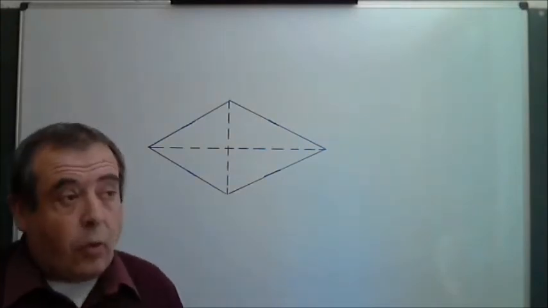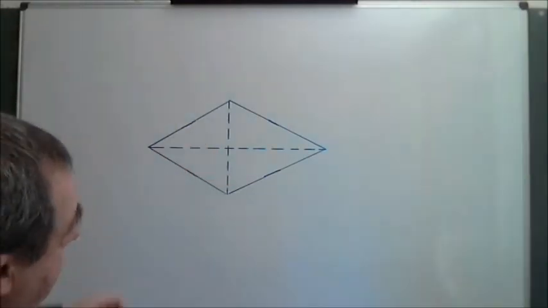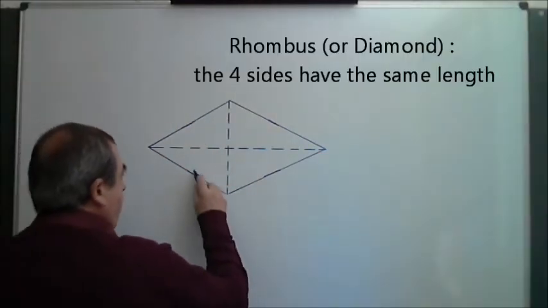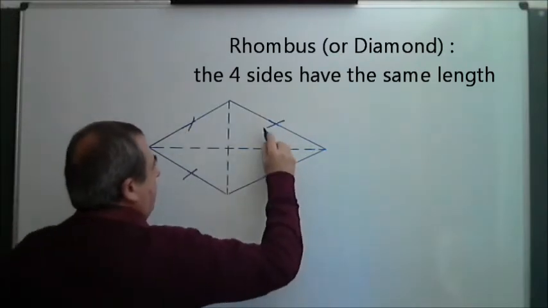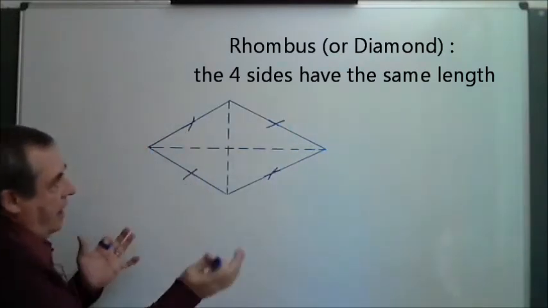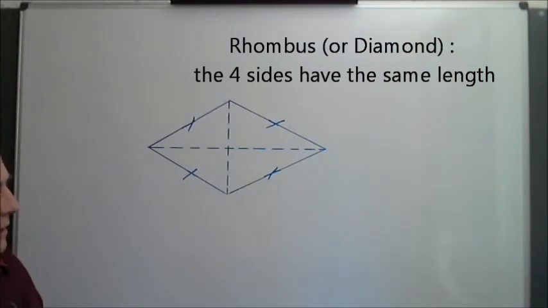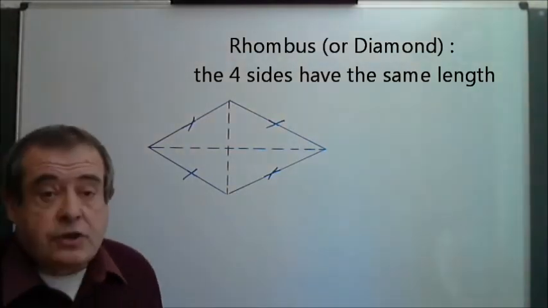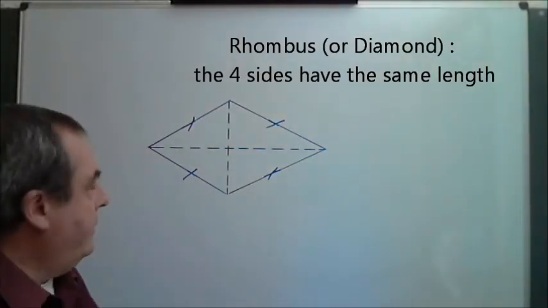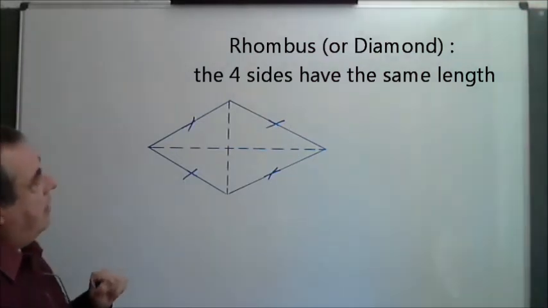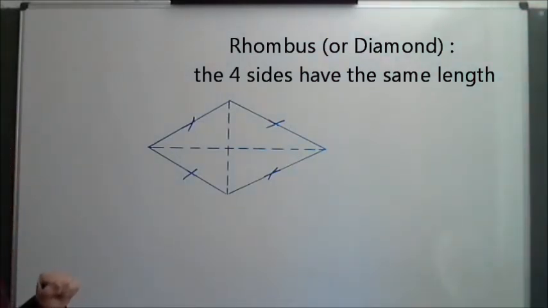The rhombus or diamond is a quadrilateral with 4 equal sides. The 4 sides have the same length. It is the definition of a diamond. Let us see now many properties.